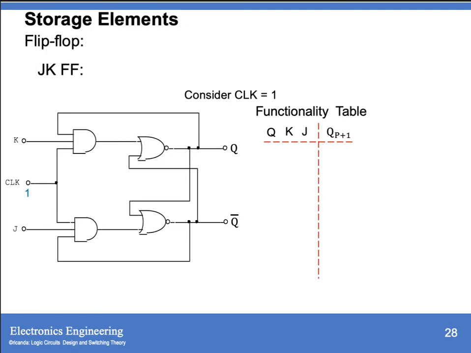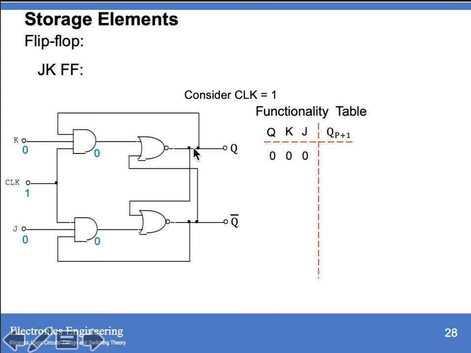So we have to consider that the clock is at 1. If both inputs and your Q are 0, you have an output of 0 for your AND gate. Since it is 0, your QP plus 1 is also equal to 0.